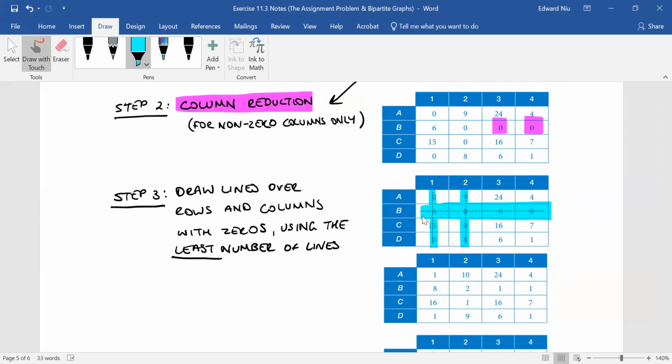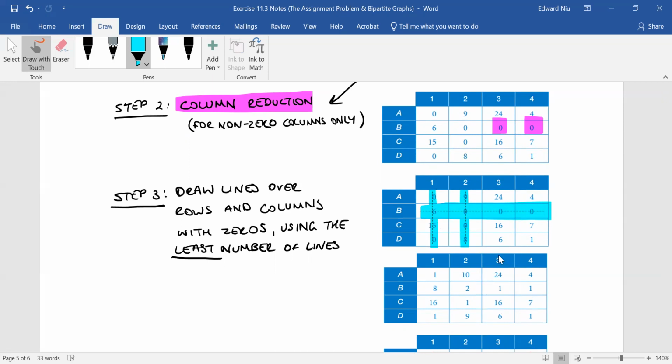The most efficient way to draw the least number of lines with a table like this is to strike through the one with the most zeros, so the row or column with the most zeros. That will be row B, and then any other column that has multiple zeros, which is columns 1 and 2.